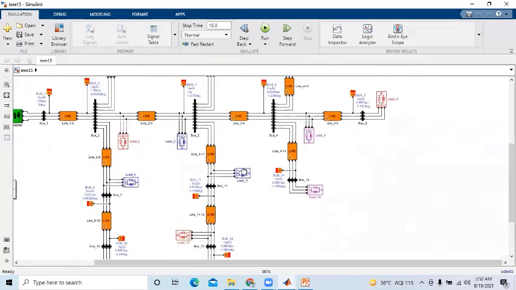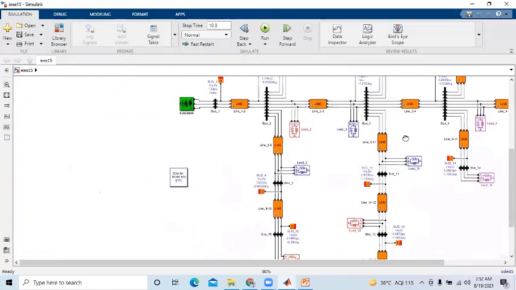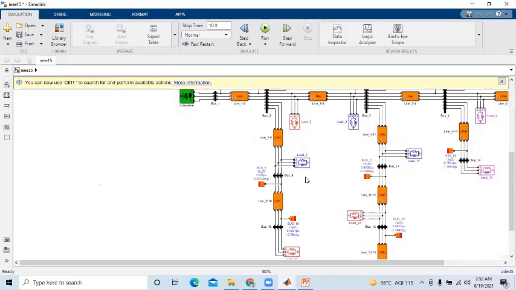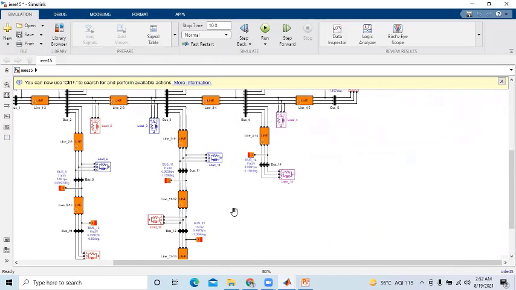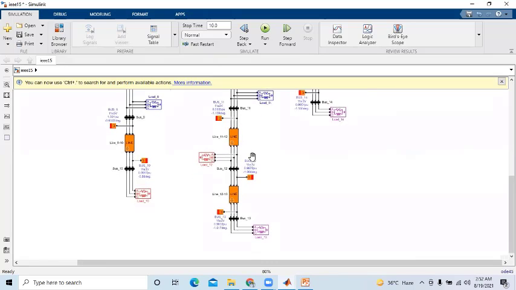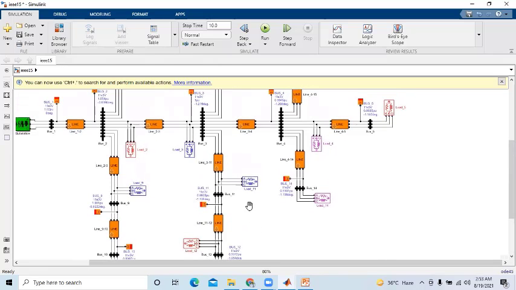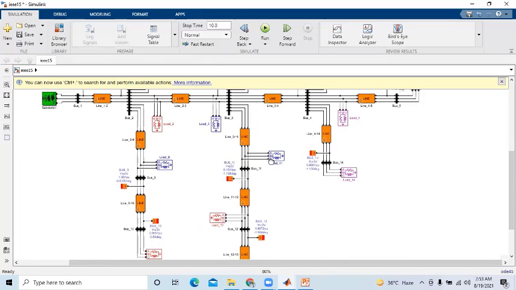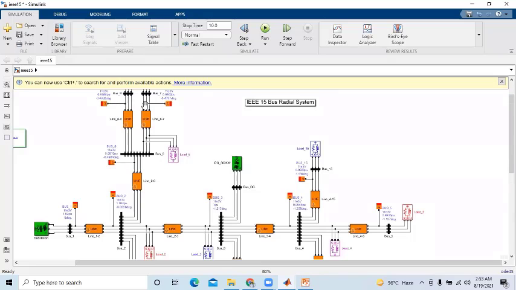Similarly, for the load flow, this is a 15 bus system which has been created. Now this is bus number 13, bus number 12. This is bus number 11. Then you have bus number 10 and 9. Then bus number 8 and 7 over here.